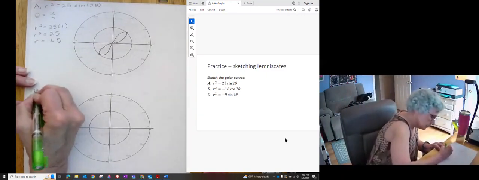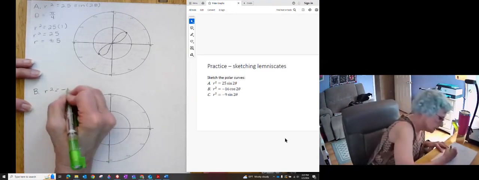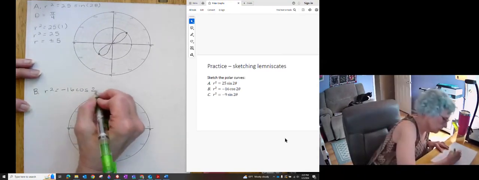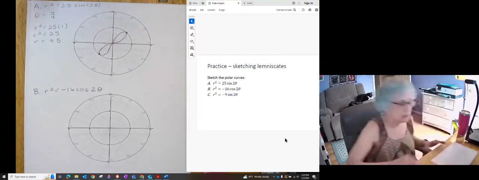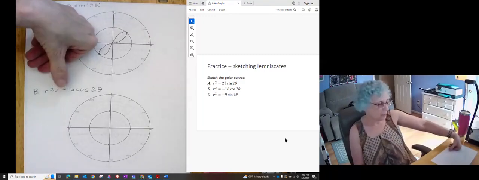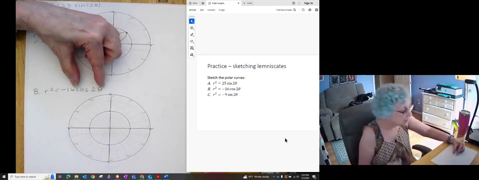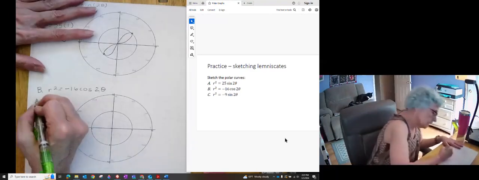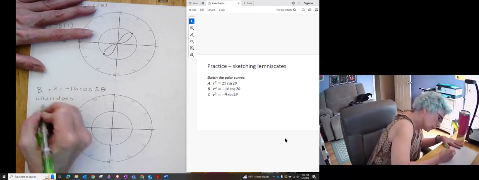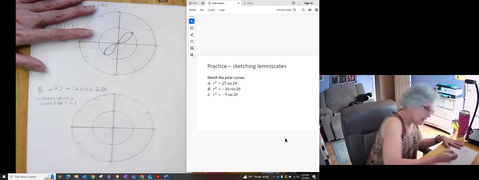Now, for b, we have r squared equals negative 16 cosine 2 theta. R squared's never negative, so I need cosine of 2 theta. When does cosine 2 theta equal negative 1?